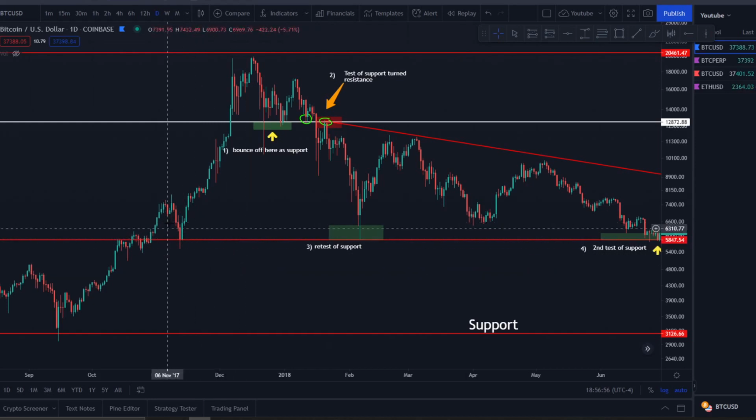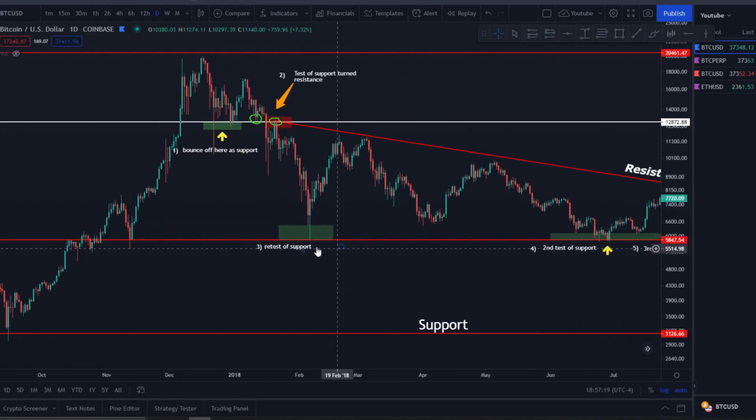So support and resistance is always relevant through a long period of time. You know, let's say 5,847 got tested as support 3 years ago, well, if we come down to it, it's most likely still going to be support.